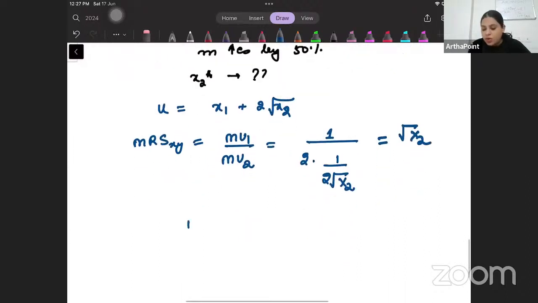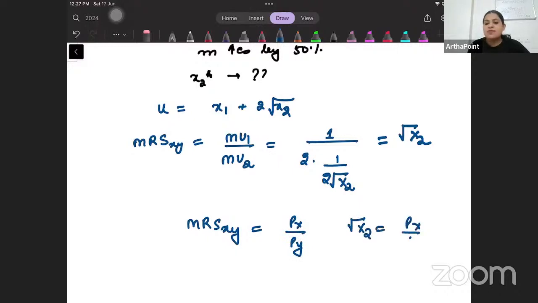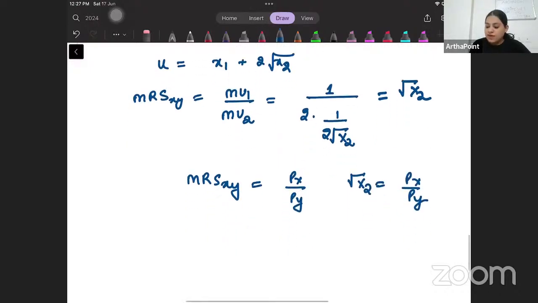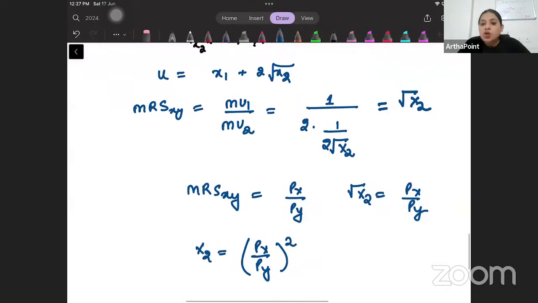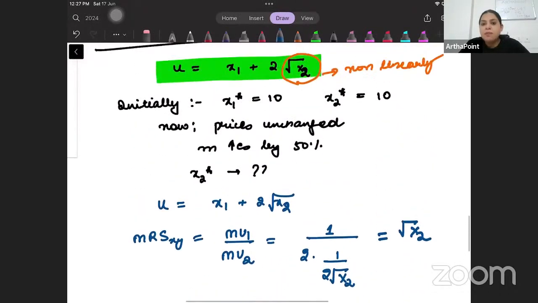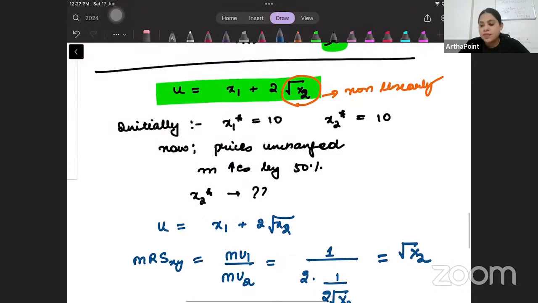If I equate MRS to px by py, I will get root x2 is py by px. So I will get x2 is py by px whole squared. X2 is not getting affected by the level of income.